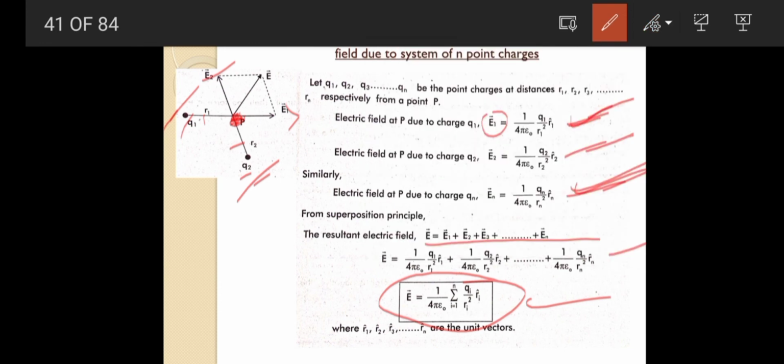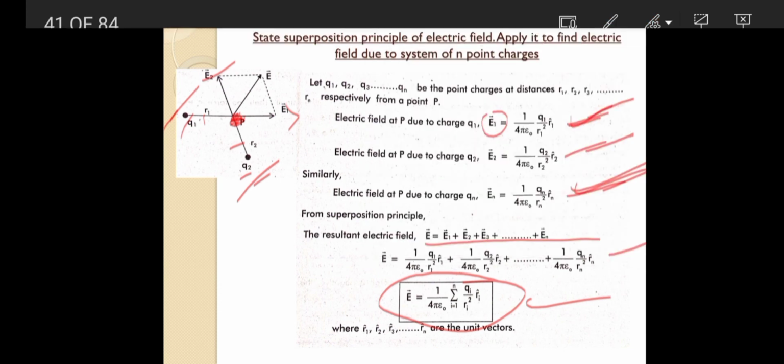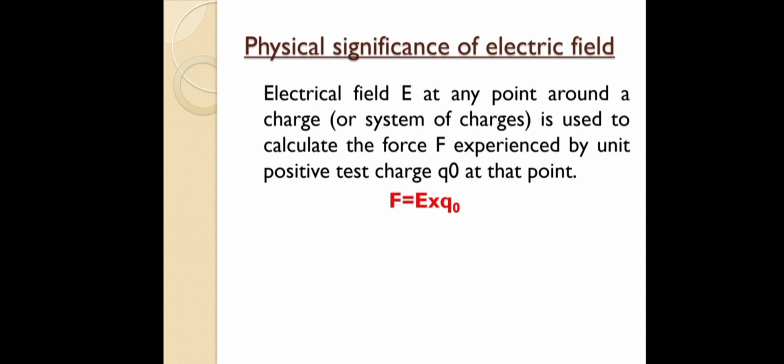Okay, let us move ahead. Now what is the physical significance of electric field? What exactly does it say? Physical significance means what exactly the value of electric field says. What we can understand by the value of electric field.